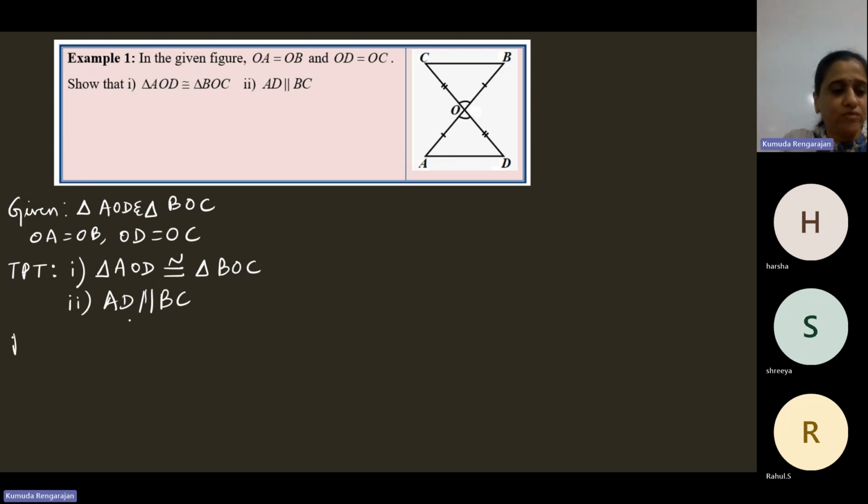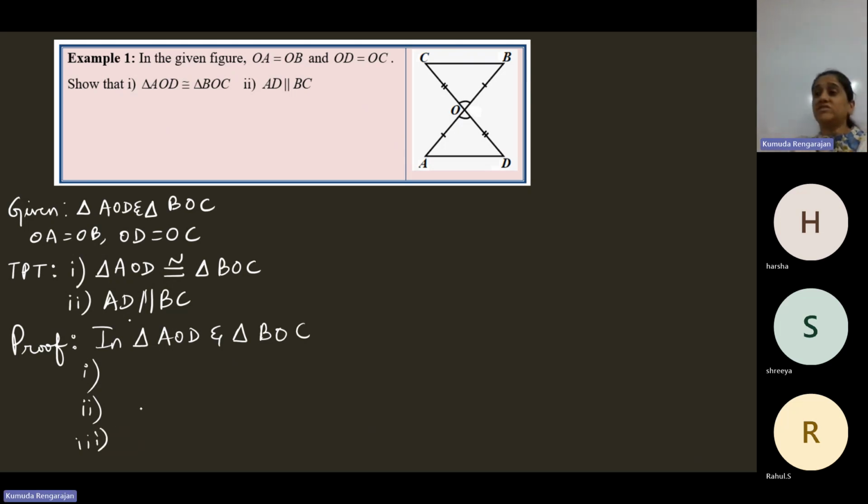Now we must say proof. Now you should mention the two triangles, in triangle AOD and triangle BOC. And then you're going to write three things.